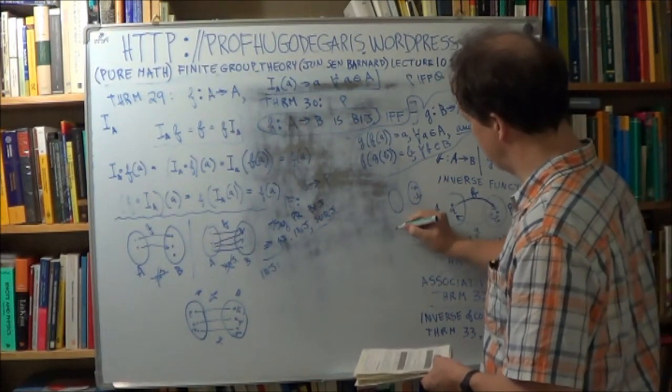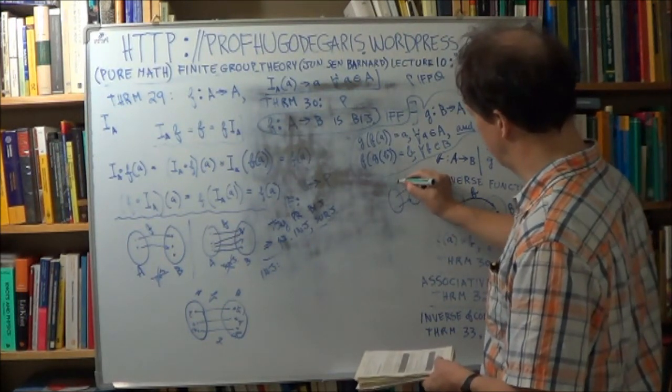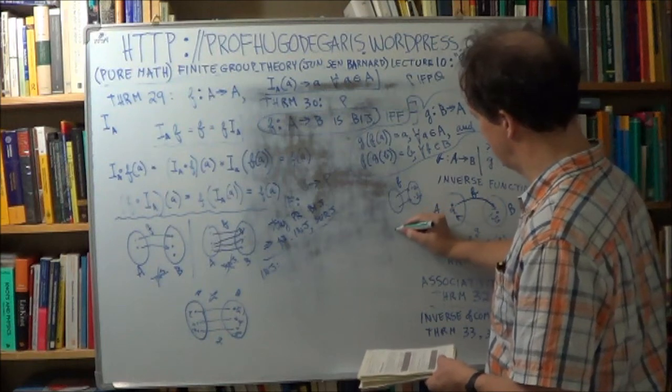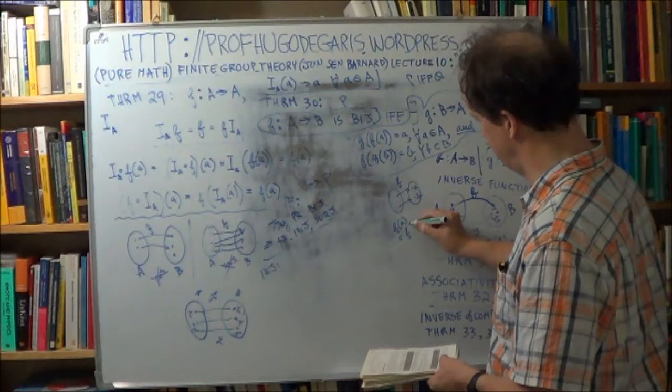You assume, under f, that f of a equals f of b, right?